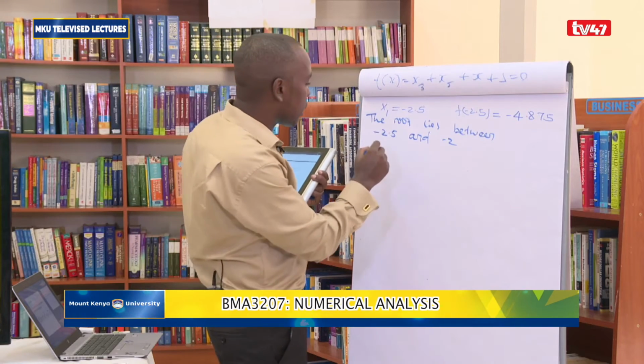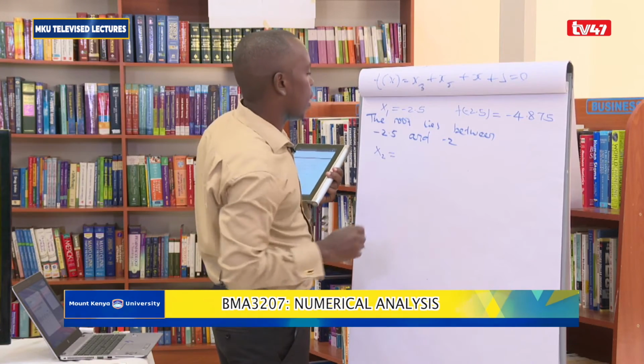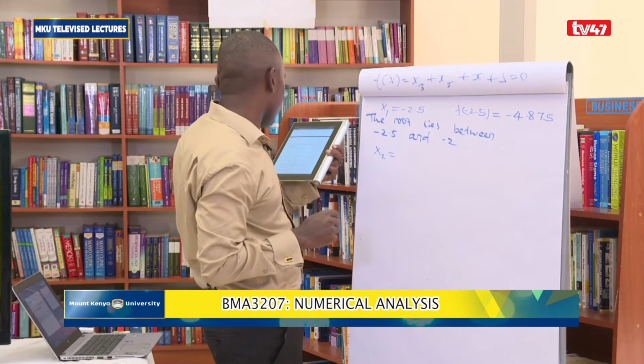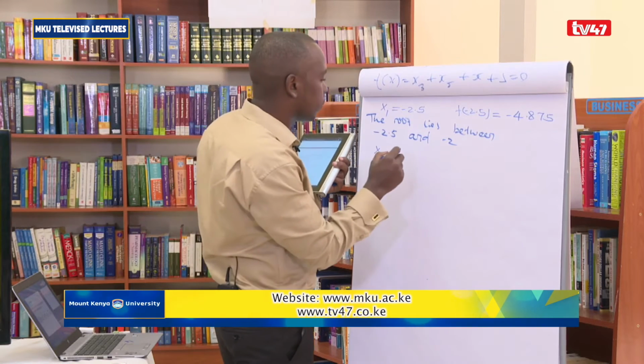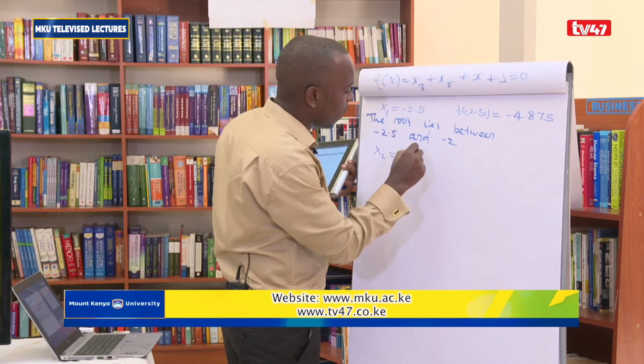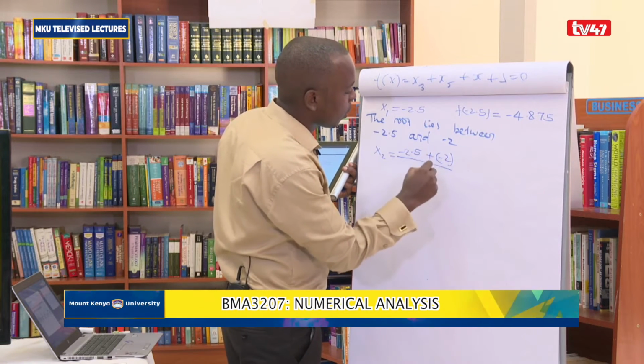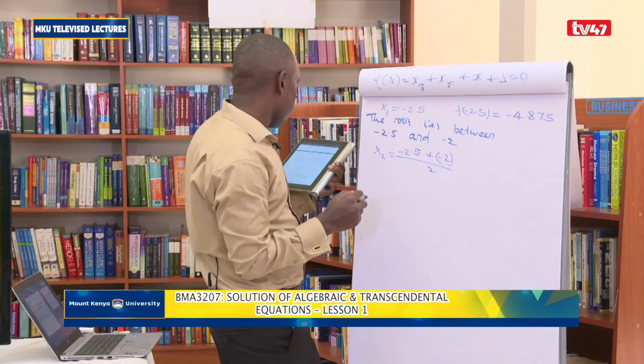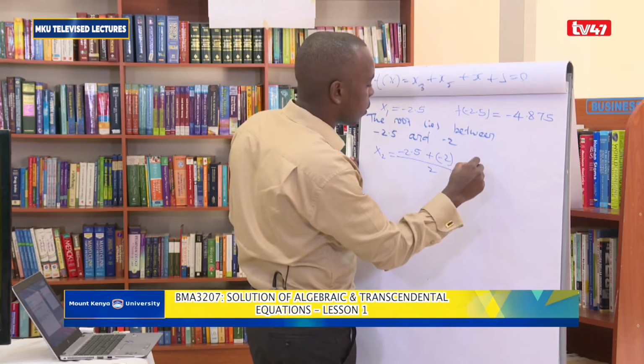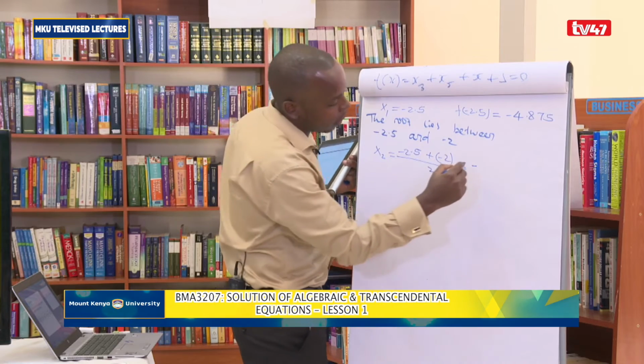So we get our second approximate of the root. We shall have negative 2.5 plus negative 2, all over 2. And this will give us negative 2.25.